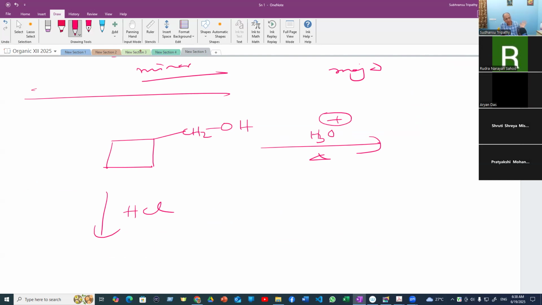This is simply HCl. If I make it H2O, H3O plus without heat, then there will definitely be rearrangement, and you get a ring expansion product. Cyclobutane has a lot of angle strain, is very unstable, so it always wants to stabilize by expanding the ring from 4 to 5. So what will happen here, this will go after protonation.